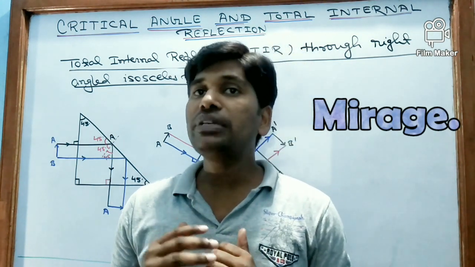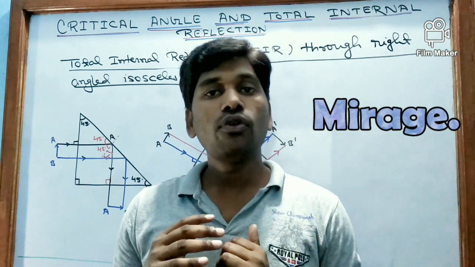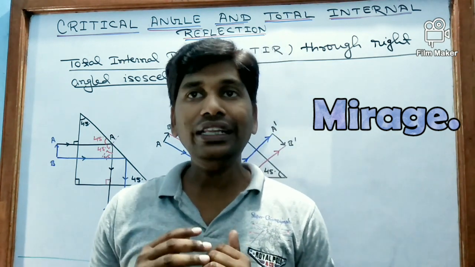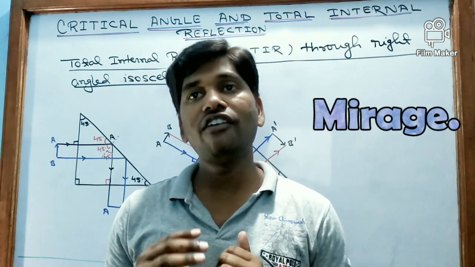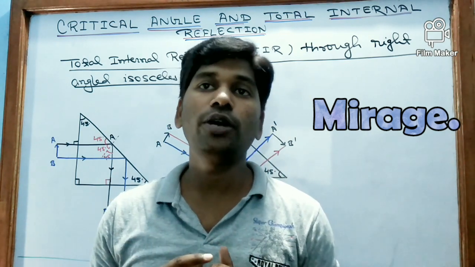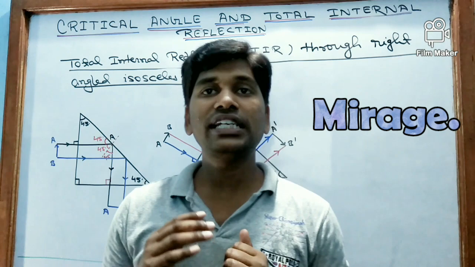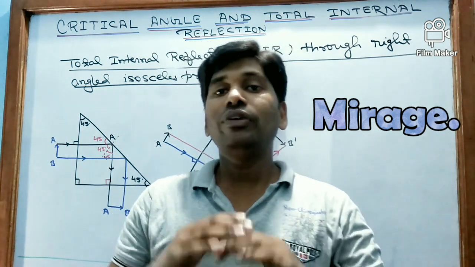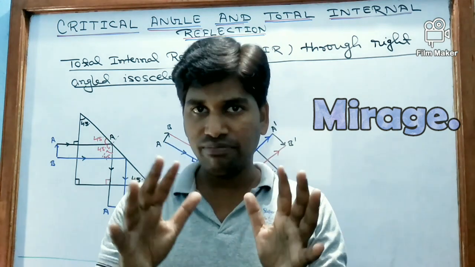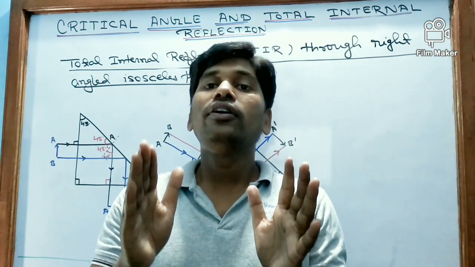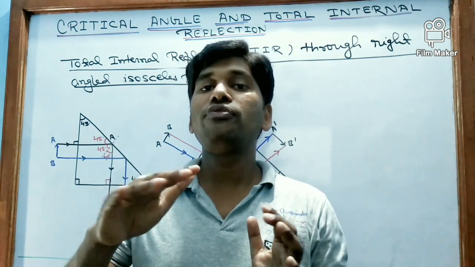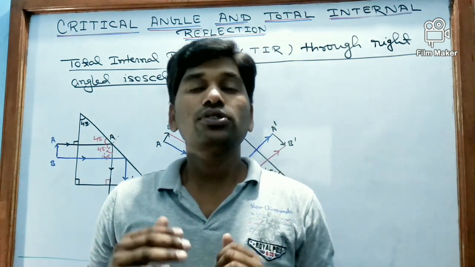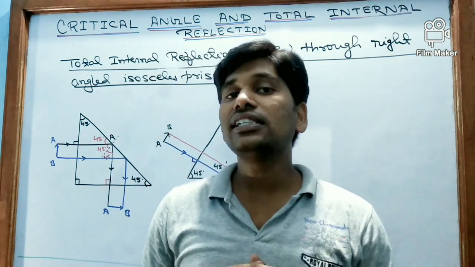It is an optical illusion of water observed generally in desert when the inverted image of an object is observed along with the object itself on a hot day. So we find an illusion of water along with that object also. So this is mirage.